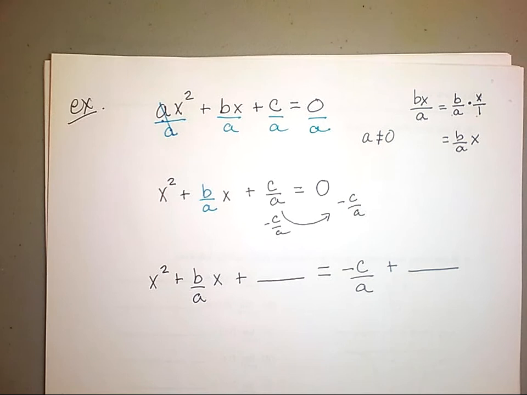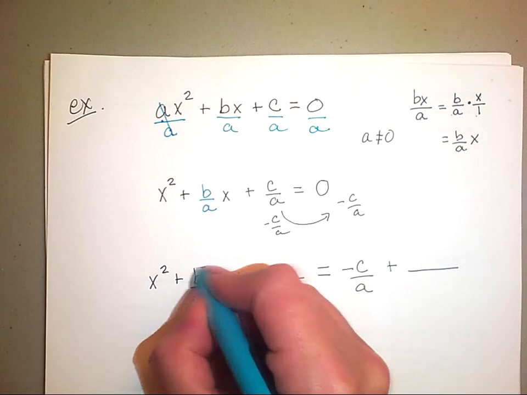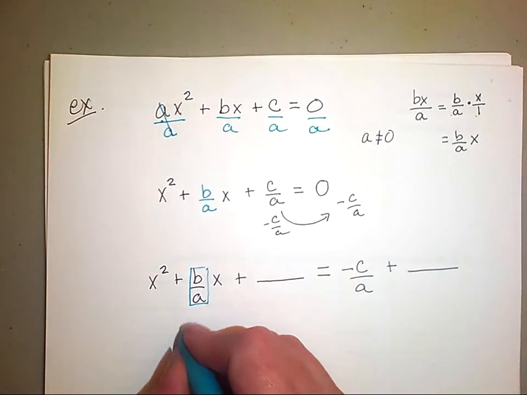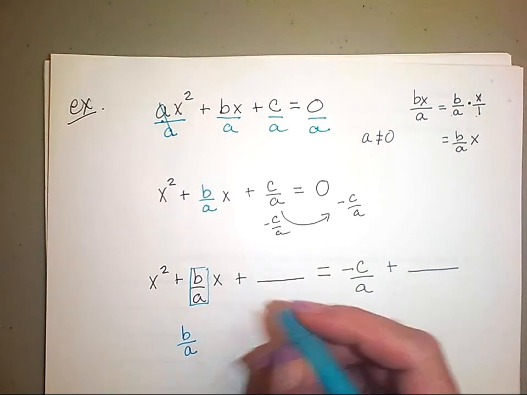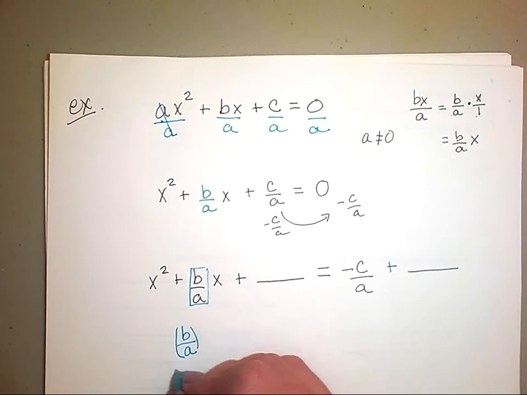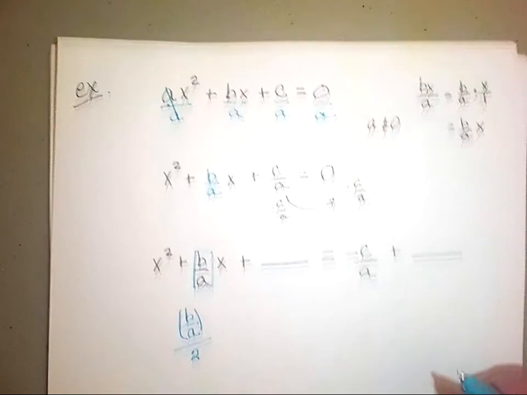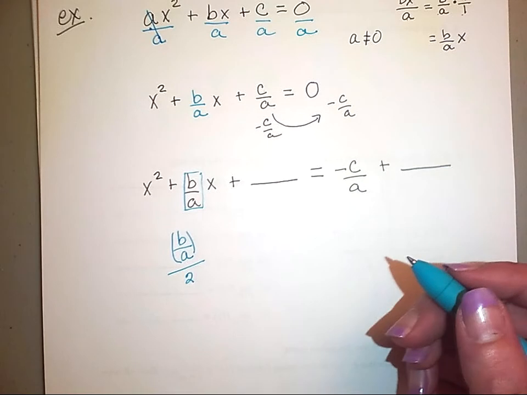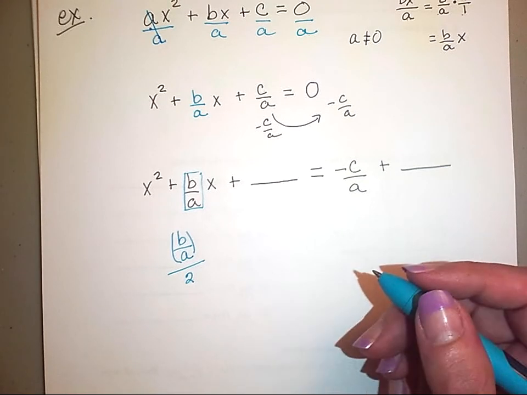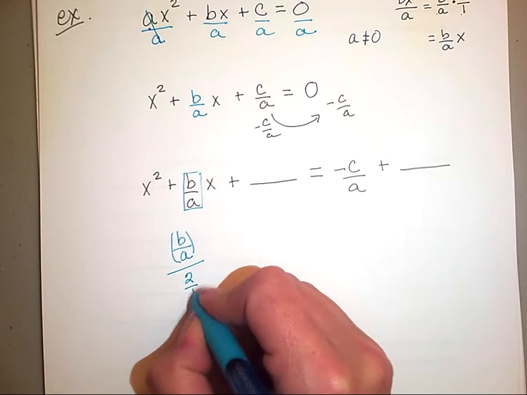Okay. Now, which step is that? Step 2? Okay. Now, in step 3, we have to look at the coefficient on x, which is b over a. Now, b over a needs to be divided by 2. Well, what are we going to do with that? Remember we could write 2 as 2 over 1.